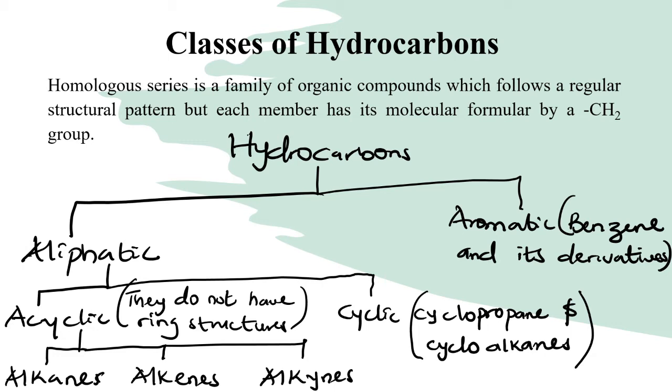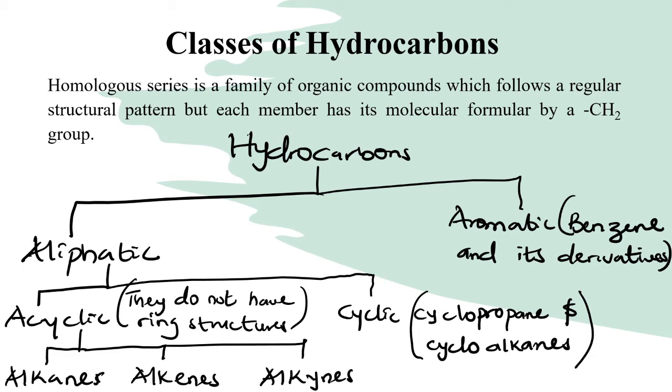While the cyclic hydrocarbon consists of a closed ring chain. Aromatic hydrocarbons are all cyclic compounds. That means they have a closed ring chain, and the simplest aromatic hydrocarbon is the benzene ring.